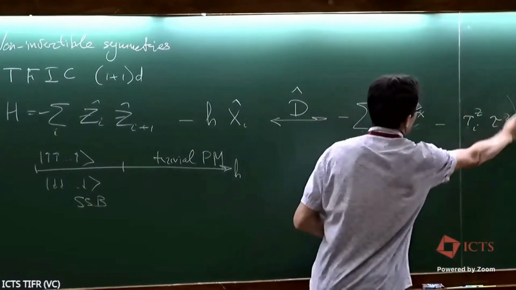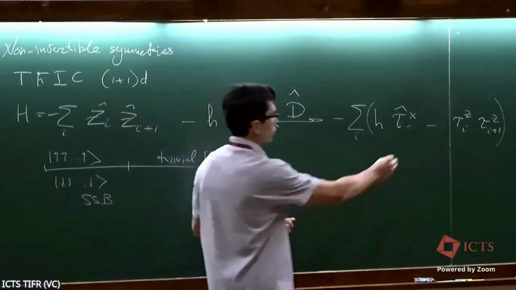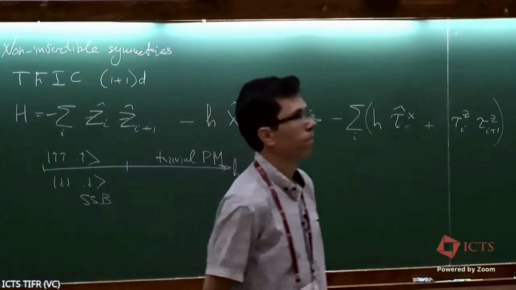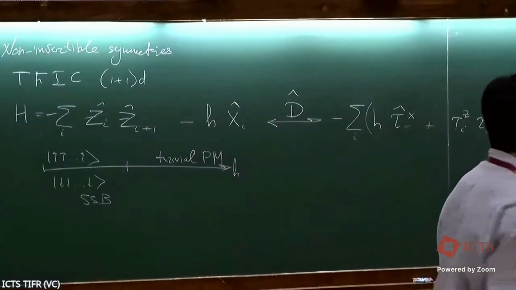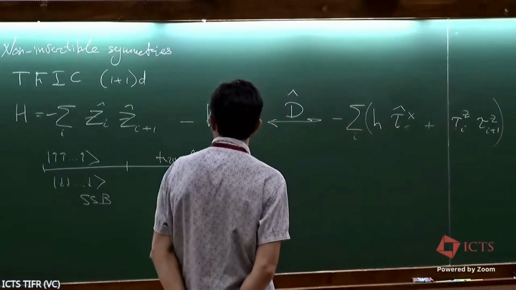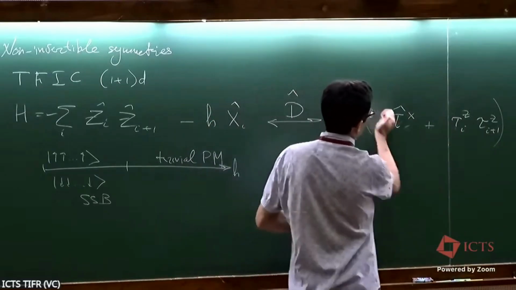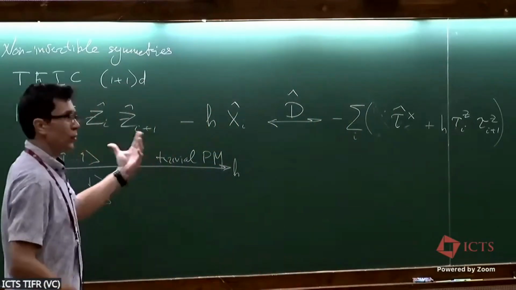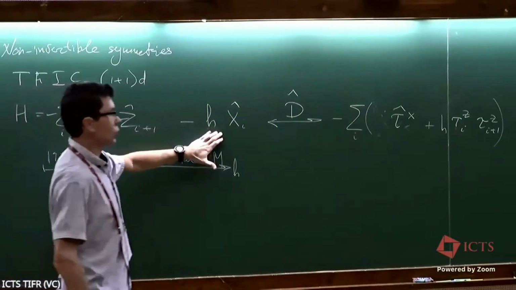Okay, so this is my Hamiltonian over here. Sorry, I did it the other way around. Sorry, I meant to write down H here. Thank you. Okay, so you could think of H as being the external field.